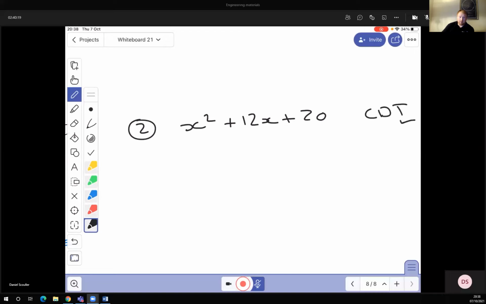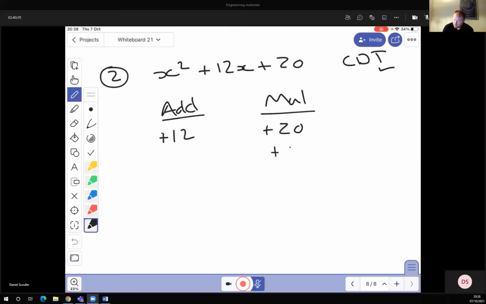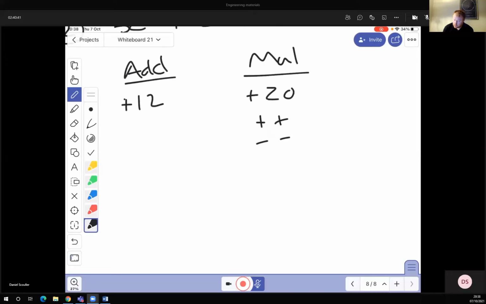That will become useful later on. So add, multiply: 20 under there, adding together to make 12. Both positive, you can put that wee sign if you want. Positive, positive, negative, negative, that's just a wee reminder.